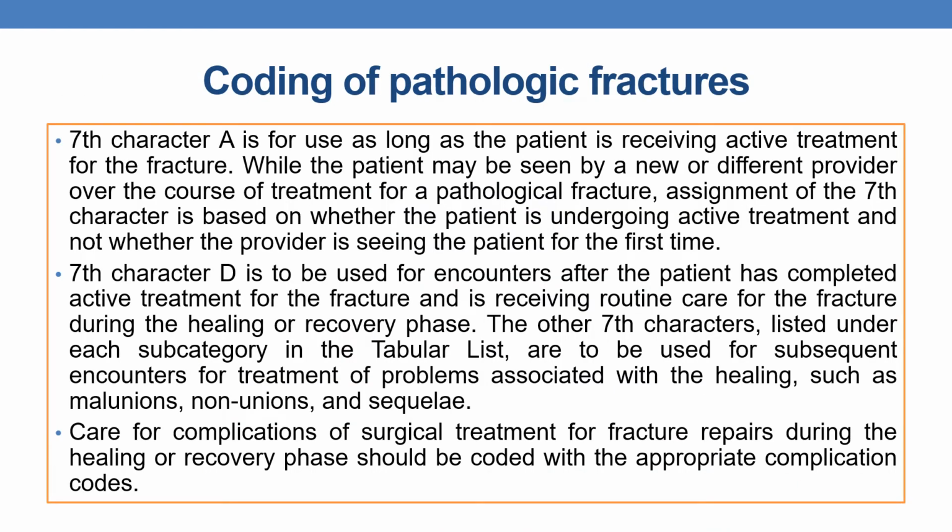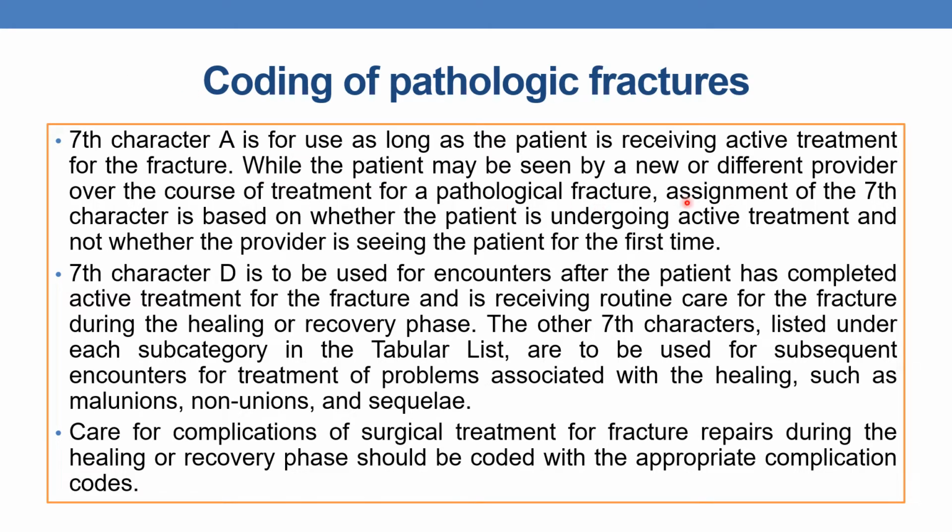Now coming to coding of pathologic fractures. Before going into what is pathological fractures, let us discuss when we must code seventh character A, D and respective other characters. So first, seventh character A is for use as long as the patient is receiving active treatment. This word you need to remember. Seventh character A, which is nothing but initial encounter, can be used as long as the patient is receiving active treatment for the fracture.